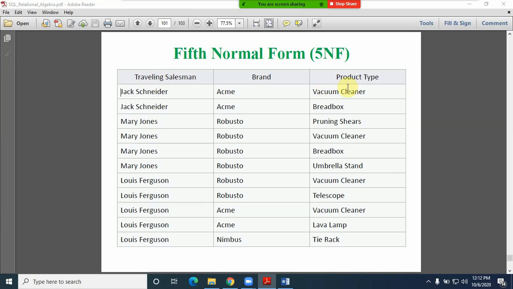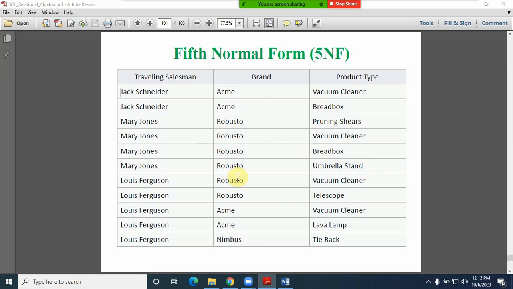So together, if you take traveling salesman, brand along with the product type, then only I can get the individual data. Observe here, first record, if you are considering jog, ACME, some kind of product, and the same product is not repeated, you can observe here. And if you observe the entire records, if you are considering together, the entire three columns are the composite primary key, that is traveling salesman, brand and as well as the product type.